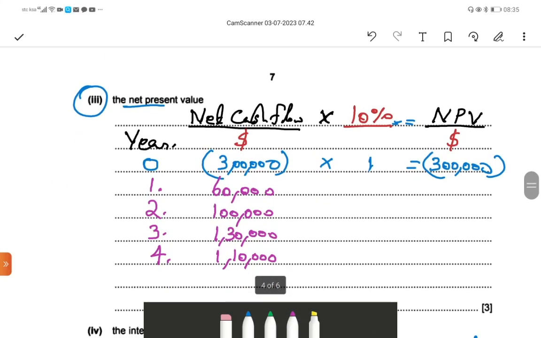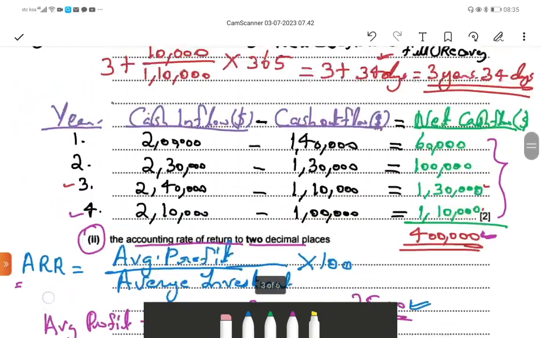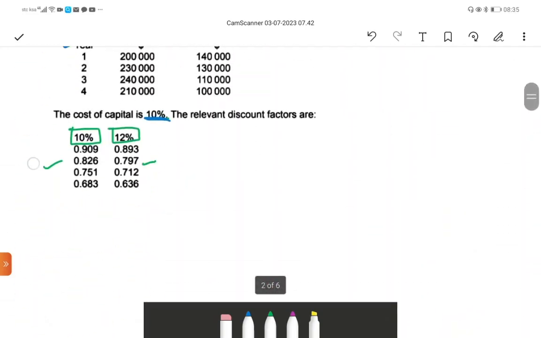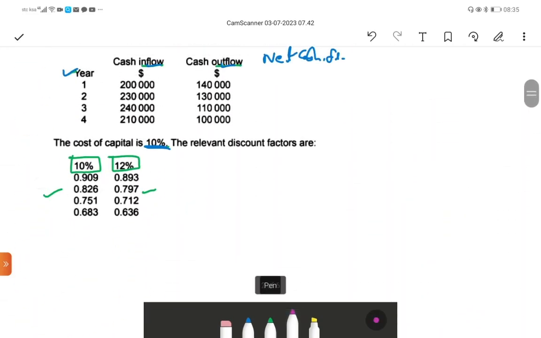Next we have to multiply by the 10% factor value of 4 years. The discount factor is given here for year 1, 2, 3, 4.